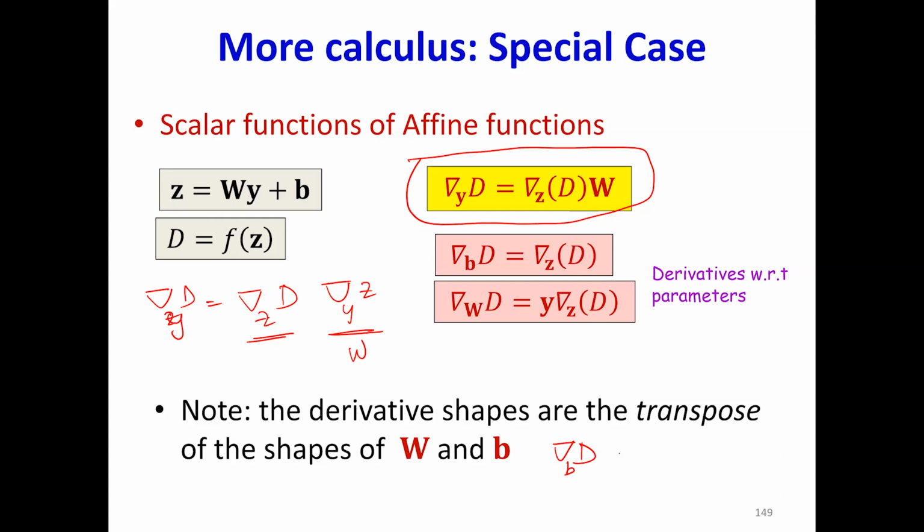It's the derivative of d with respect to z times the derivative of z with respect to b. And what is the derivative of z with respect to b? It's the identity matrix, right? Times I, which is simply the derivative of d with respect to z. So this is beautiful, right? You understand this equation as well.